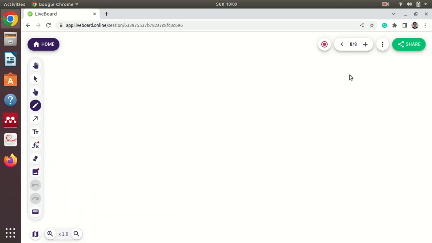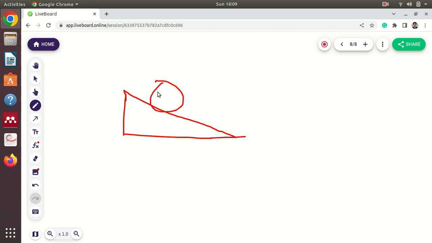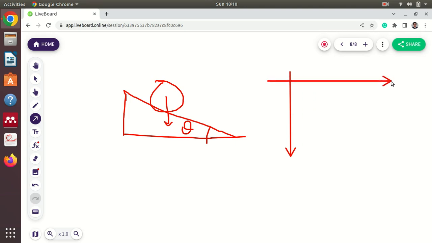why we need to change the basis. Suppose there is a system here with some slope. You have solved such kind of problems. So if there is a ball rolling over this surface having angle theta, so this is slightly bent. So what we do, we have mg acting in the downward direction. In general we have this y and here it is x, or you can say this is minus y and this is x.